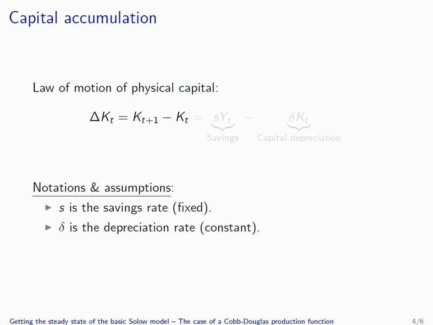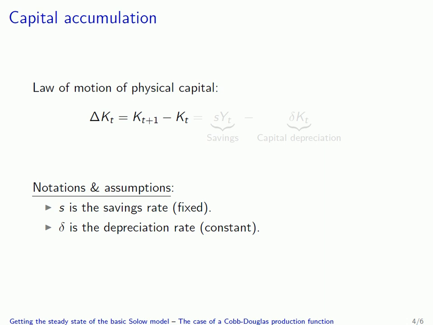Now, if we want to find the steady state of this economy, there's a first step that we need to understand, which is how you get from one state of the economy to another. This goes through the law of motion of physical capital, which describes how capital evolves from one period to the next.